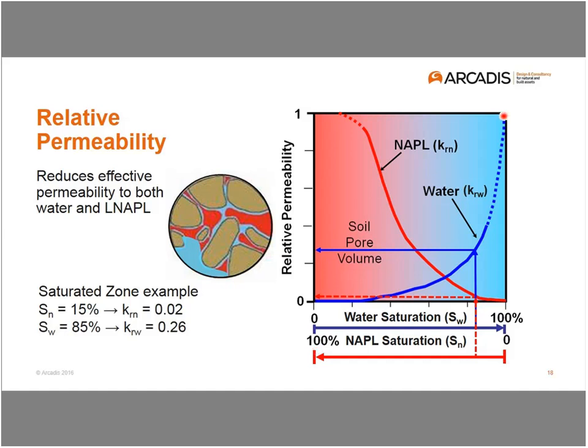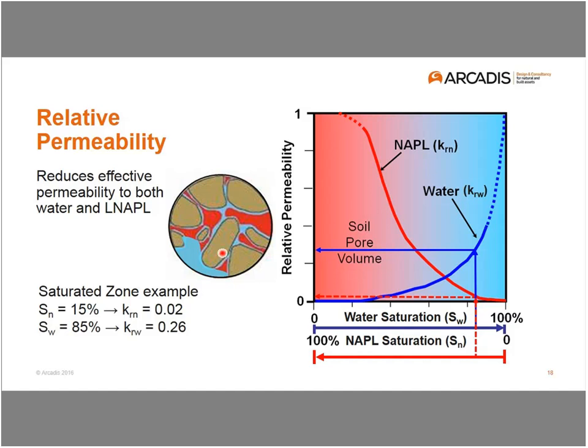So when you have 100% water saturation, no NAPL in the pore space, the relative permeability is 1, which means if you take it times the intrinsic permeability, you still end up with the intrinsic permeability. But as you start putting NAPL into that pore space, the relative permeability drops quite rapidly for the water, because the NAPL is occupying the biggest pores, so the highest permeability portion of the pore space.